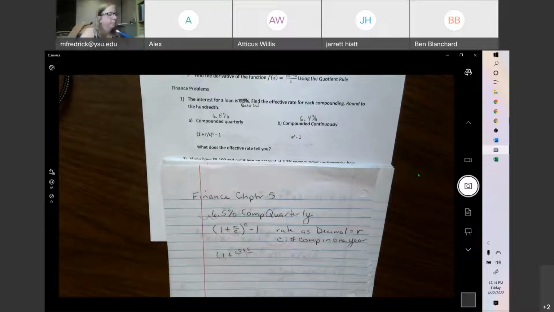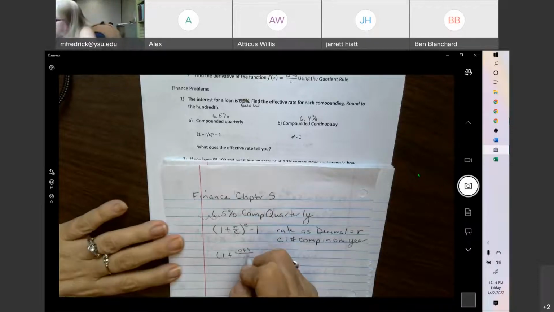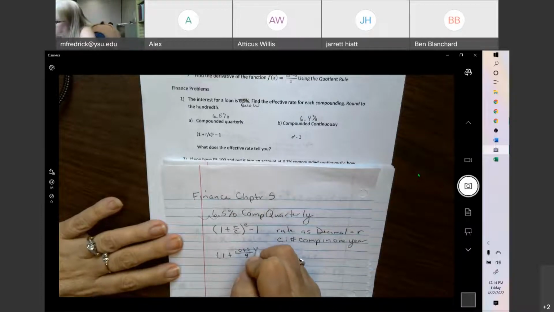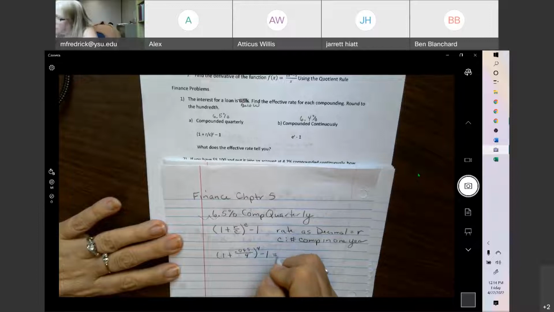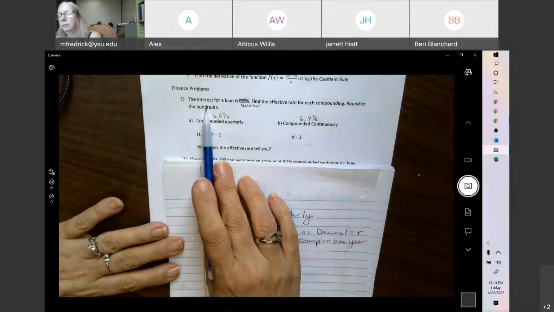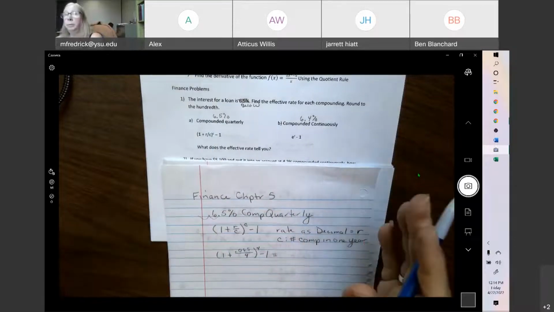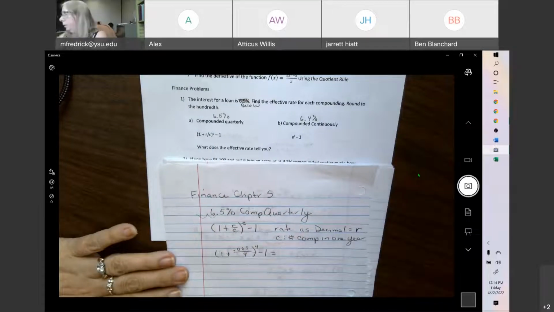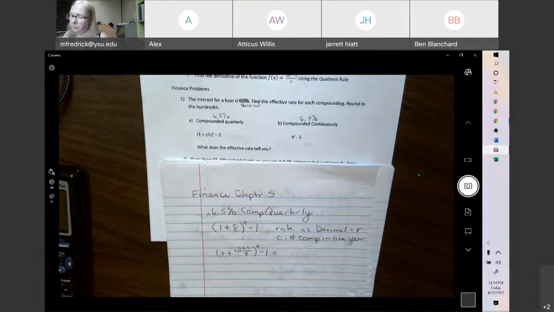Yes. And it says to round to the 100th. Now you're rounding the percent to the 100th. So go ahead and plug it in and see what you get. Make sure you're trying these, plugging them in, because the biggest mistakes happen in plugging it into the calculator.